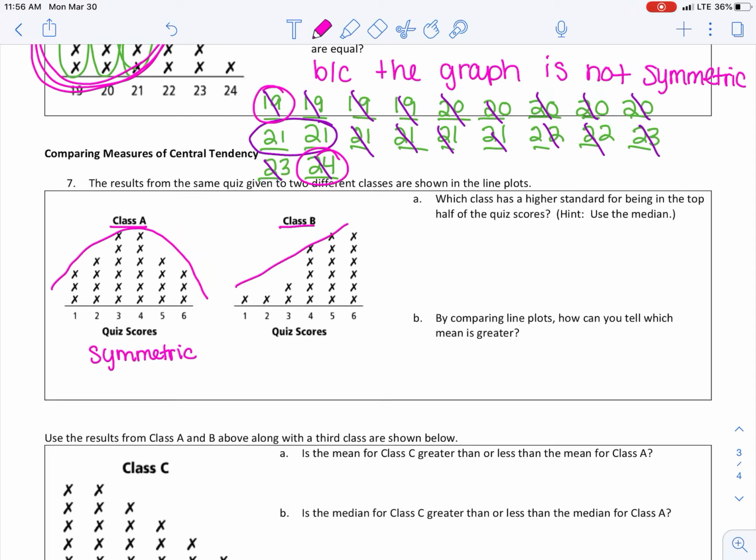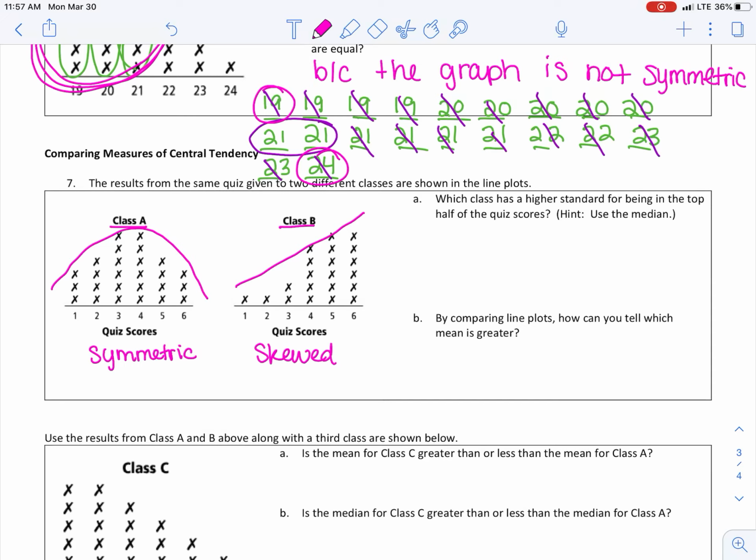Okay, for this one, our data is more to the right, so it slowly increases as you go to the right. So this is a skewed graph, which means that our mean and median are not going to be the same. Okay, so in this case, it says which one has the highest median.